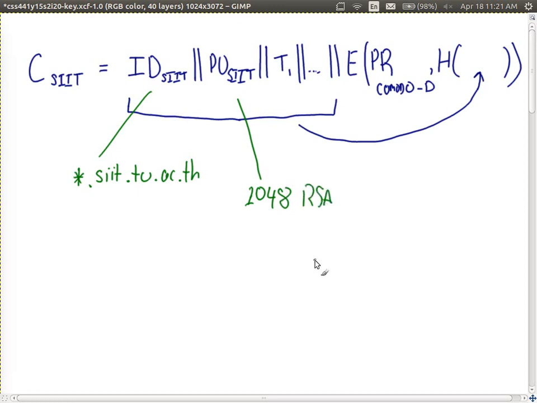The timestamp was actually two timestamps, from and to time. So this was a certificate issued to SIT.